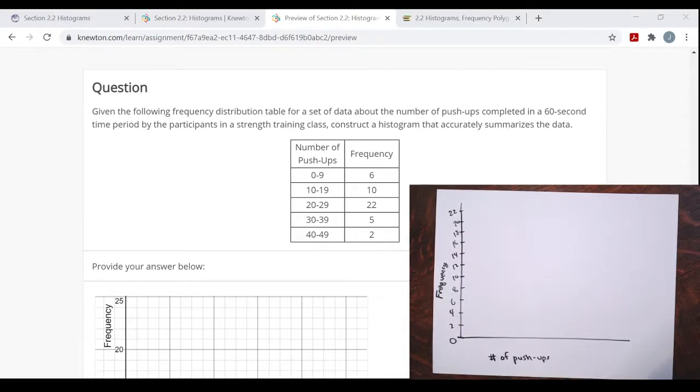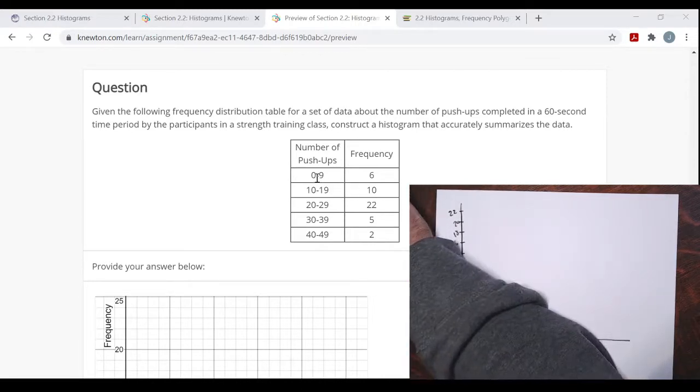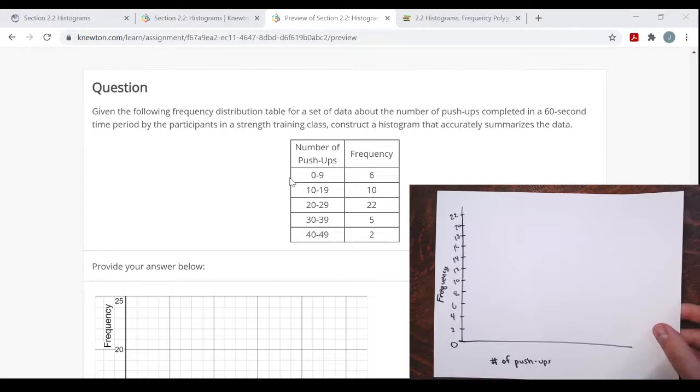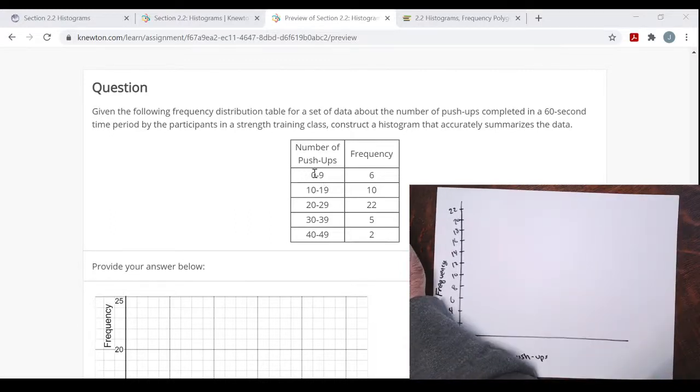Now, do you see how this is a range of numbers? In the last picture I made, we only had singular numbers, 1, 2, 3, that were showing up in our data. Here in our table, there's a range of numbers, or this is what's called a grouped data table.